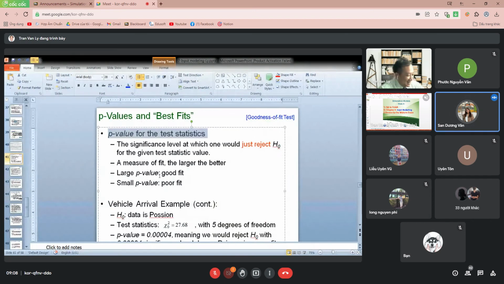Can you repeat? Bigger p-value is better. Why?